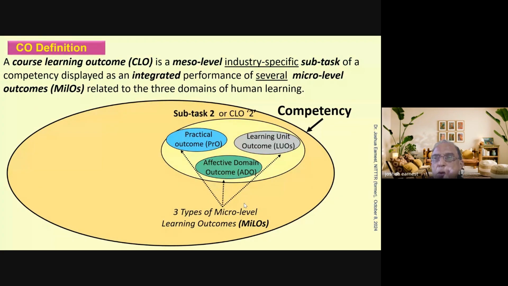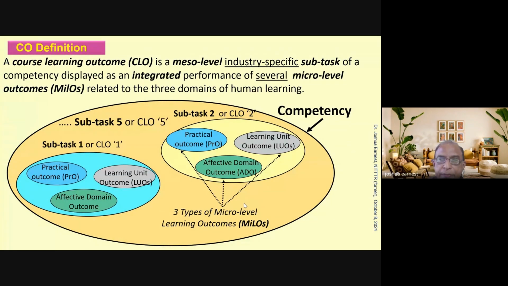That means a CO will have practical outcomes, learning unit outcomes, and affective domain outcomes, which I have shown you. The three types of outcomes are there. So within the competency, there are COs at the macro level, and within the competency you have the meso level course learning outcomes, and within each course learning outcome, you have the micro level practical outcome, the learning unit outcome, and the affective domain outcomes, which we have seen.